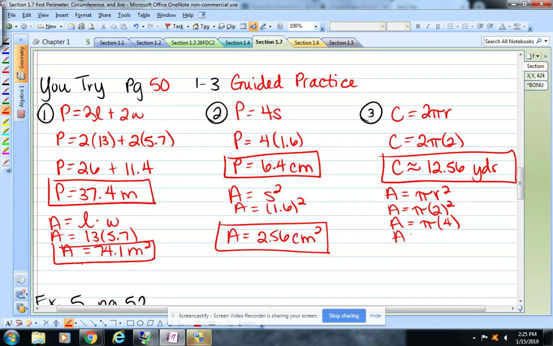So area is also, we're going to have to say approximately, 12.56 square yards. Did y'all get that? Did y'all get that and think it was wrong? Well, that's right. That's essentially the same thing. It rounds. All right. Good job.